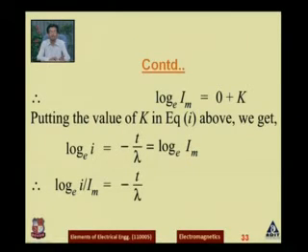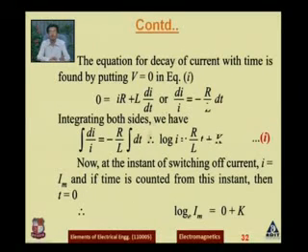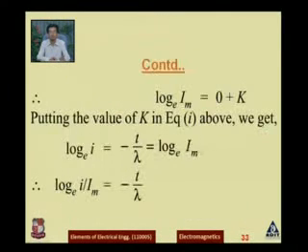Let us put this in equation 1. What was our equation 1? It is log I is equal to minus R by L into t plus k. So it will be log I base e is equal to minus t by lambda plus log Im, base e.